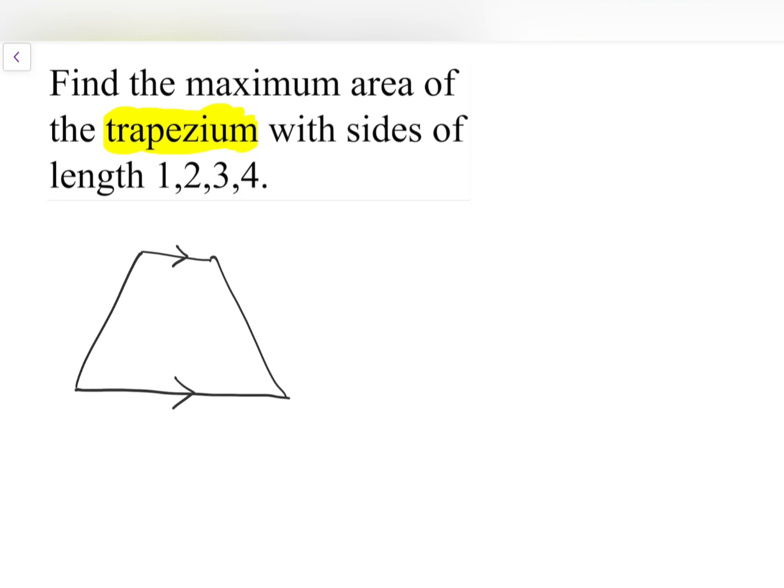Now I'm going to label the sides as A, B for the sides that are parallel to each other, and the other two sides to be C and D. In particular, I'm going to specify that A is less than B and C is less than D. And in fact, we do not have many possibilities for that.